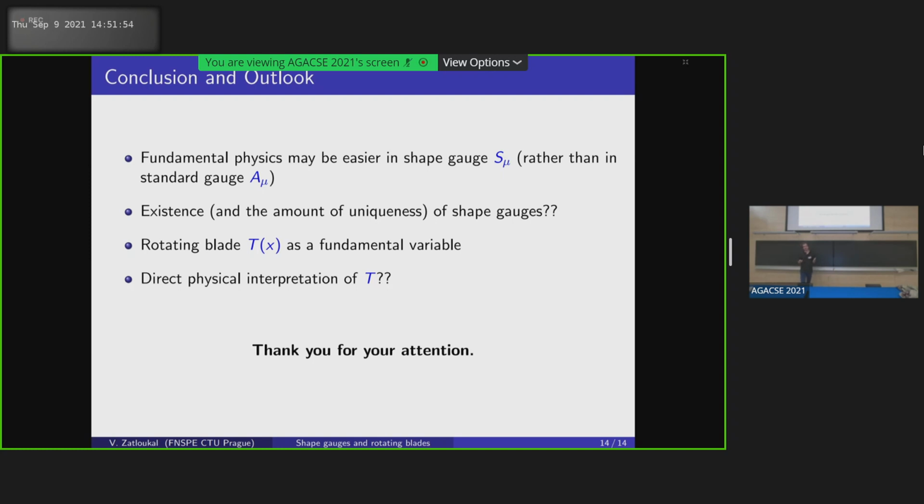There is an interpretation in the sense that you differentiate T to get the shape operator, then take the commutator, and you have the curvature, which is the field strength. But this is not what I would call direct; I would like to see physically what happens when physical objects are moving, and how T describes it.